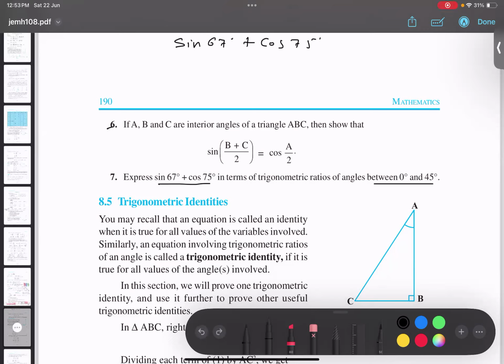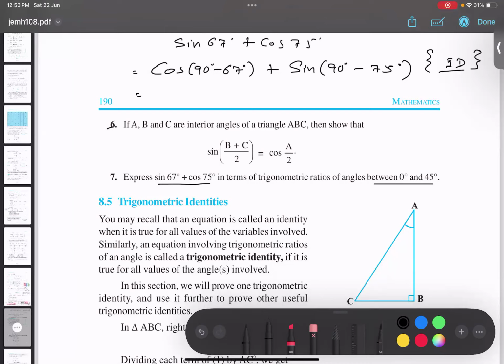Cos of 90 minus 67. Yes or no? And cos 75 can be written as sine of 90 minus 75. So make sure you write down the identities.